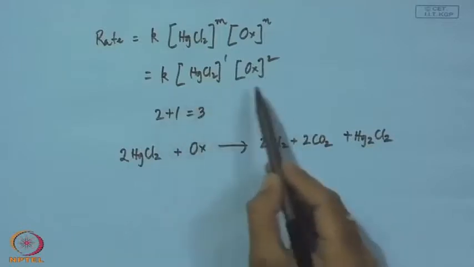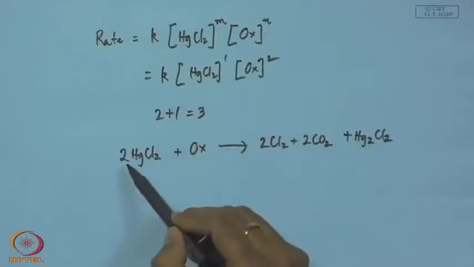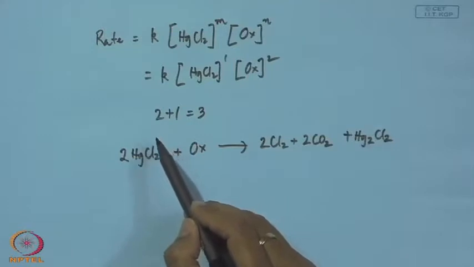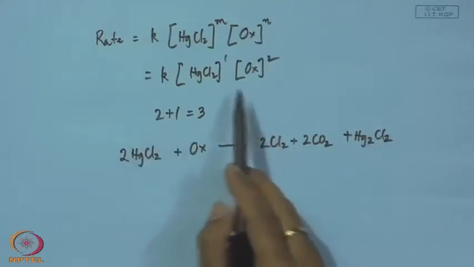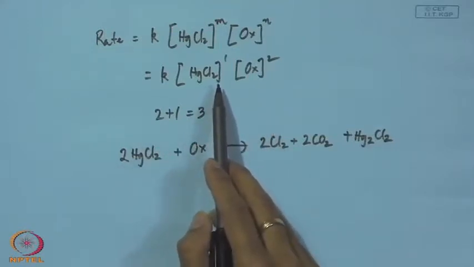So there is no direct correlation between the stoichiometry and the order of reaction with respect to a certain component.